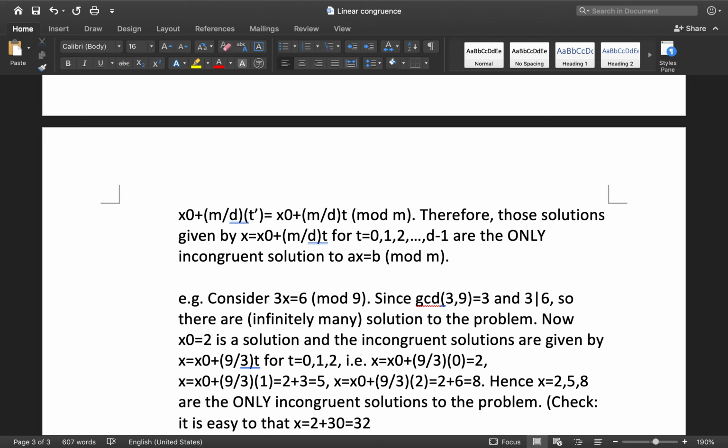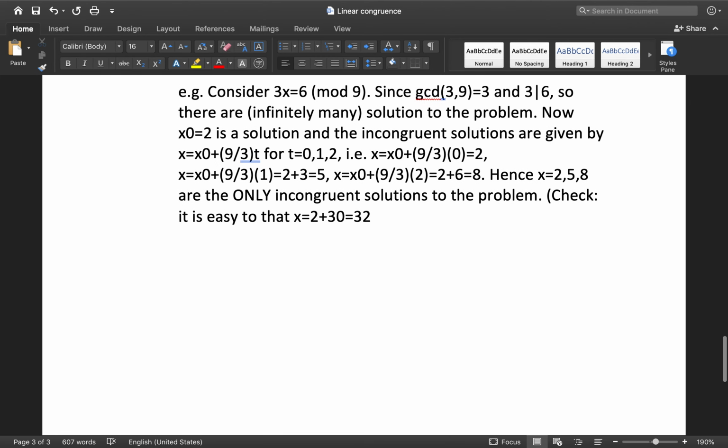If you multiply 32 by 3, that gives you 96, and if you subtract 6, that will be equal to 90. Let me just show it in full detail. So 32 is a solution, and now 32 is congruent to one of those solutions. Which solution? 5, modulo 9.